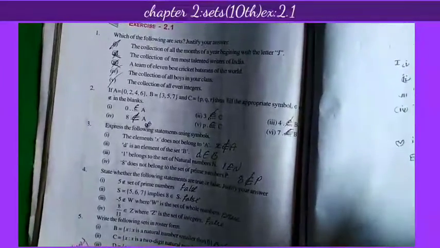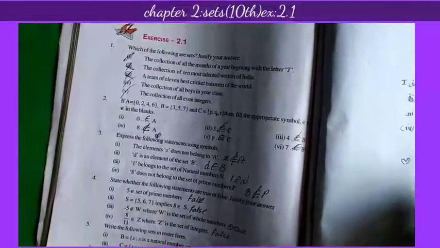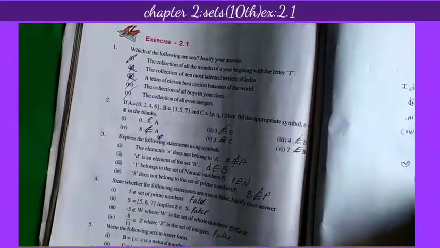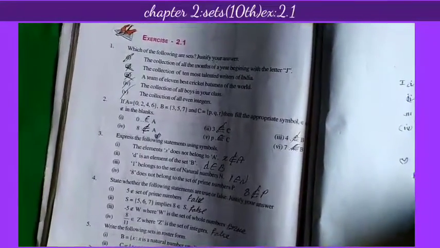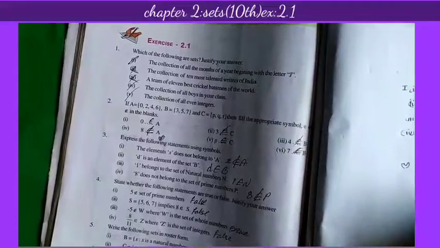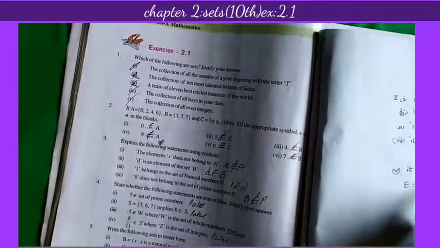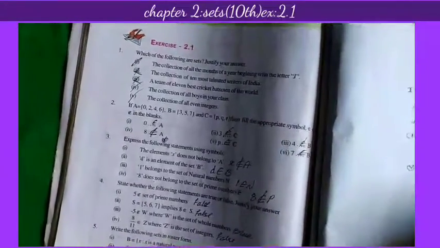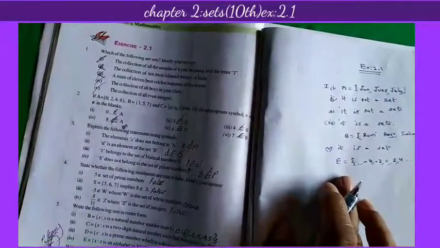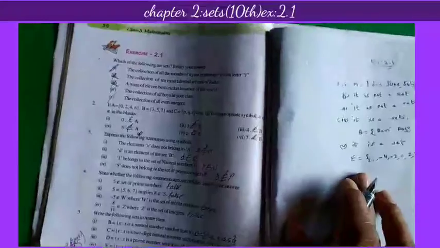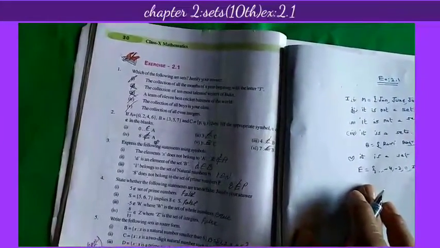So I take it as E, and -4, -2, 0, 2, 4, and so on, are the elements of the set. It has unlimited elements. This is the first round.